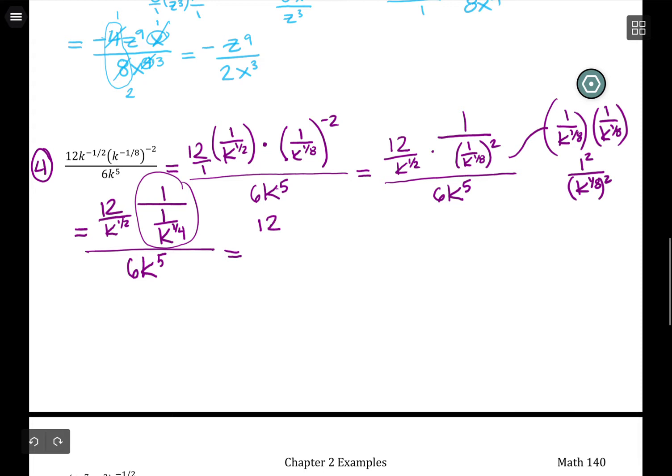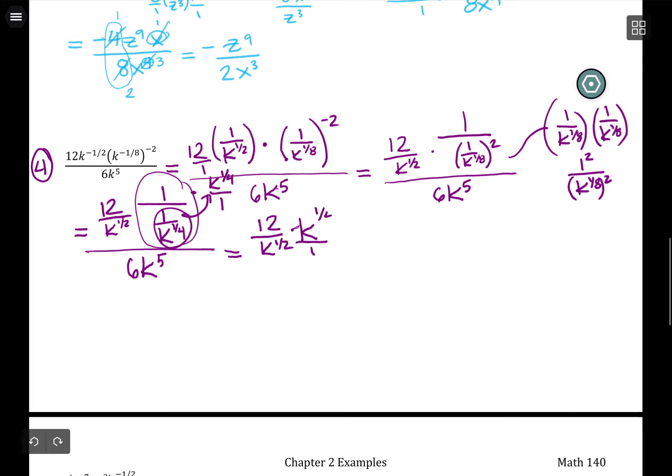Instead of writing that as 1 over k to the 1/4, I can think about it as 1 times k to the 1/4 over 1. Multiply by the reciprocal, and that works out really nicely. Basically, the reciprocal of the reciprocal is just the number that you started with.